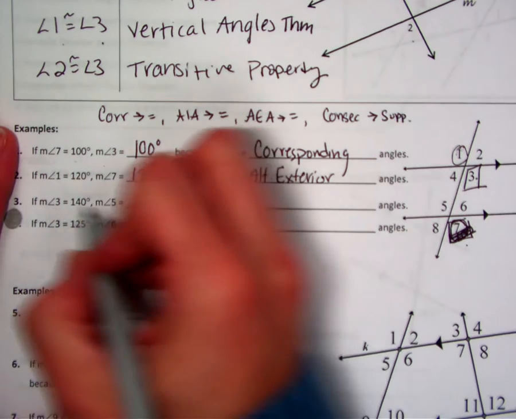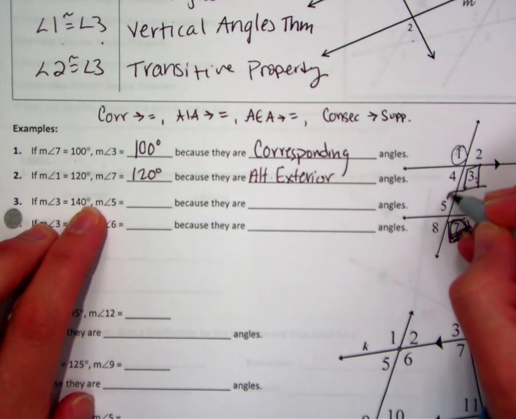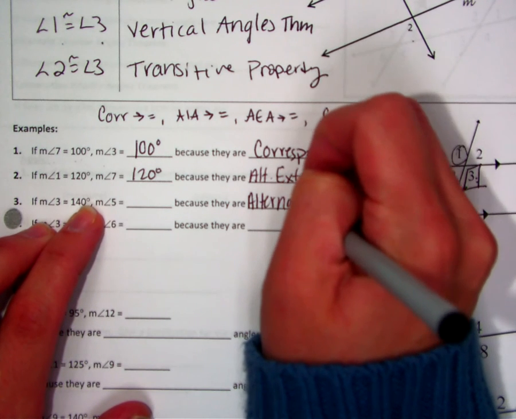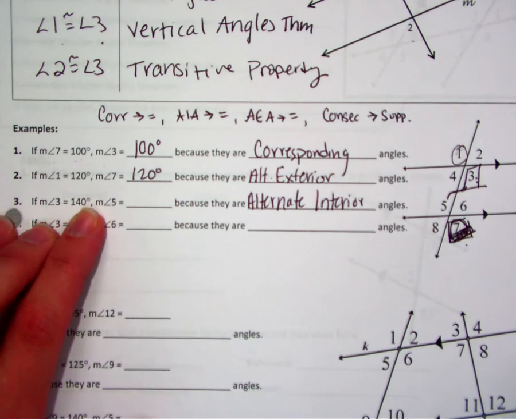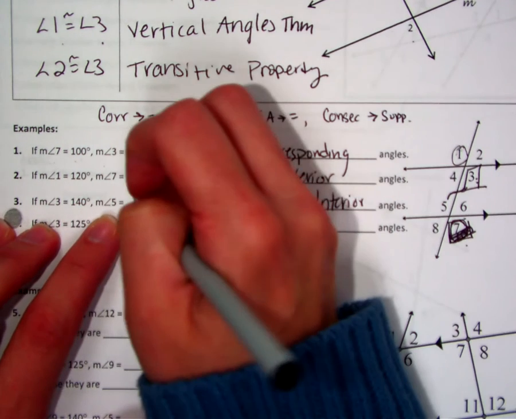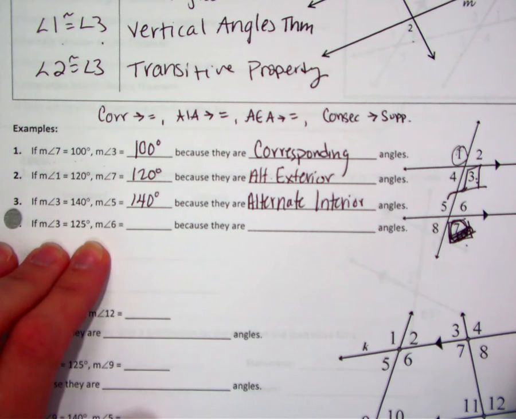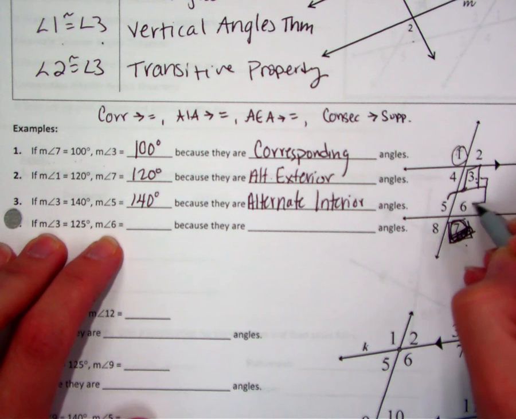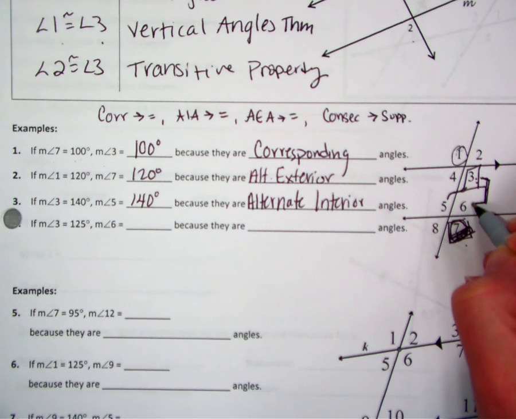So number 3, if angle 3 is 140, 3 and 5 are alternate interior angles. So they would be equal. So that would also be 140 degrees. 3 and 6 are in order on the same side of the transversal.